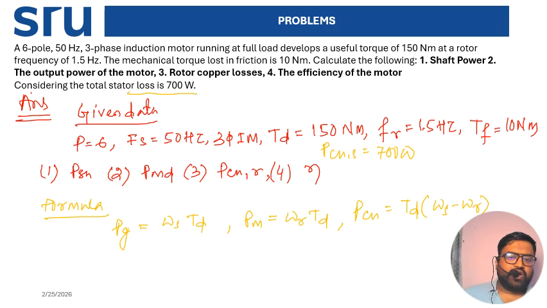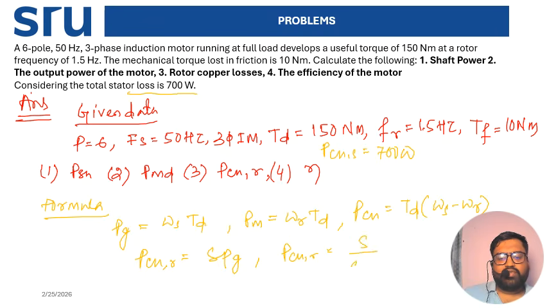Already you know. Now come to the relation between these. We know that P copper of the rotor is equal to S into Pg. Similarly, P copper with respect to the output is S by 1 minus S into P mechanical power.